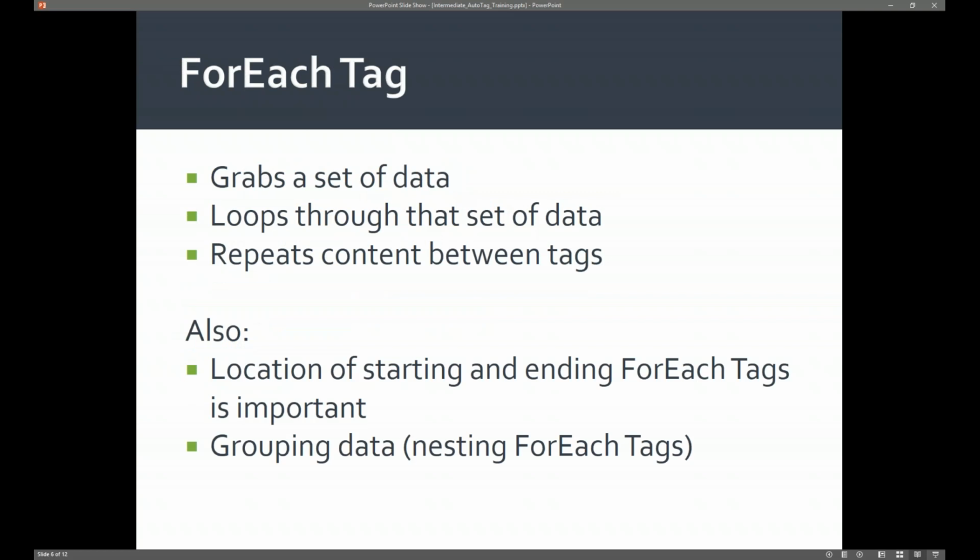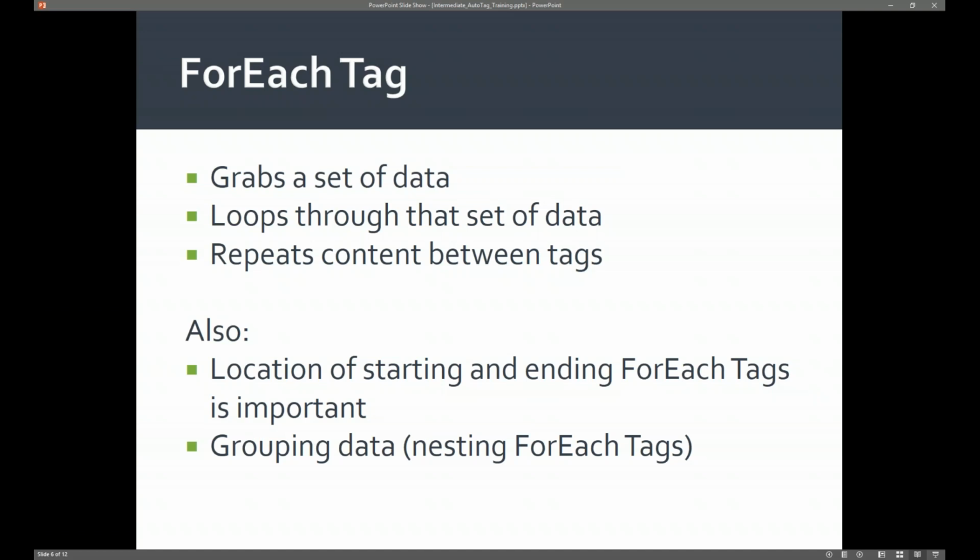So for the ForEach tag, let's review what it actually does. It does three things. First, it grabs a set of data, any set of data that you want to pull from your data source. Secondly, it loops through that set of data that you selected to work with.